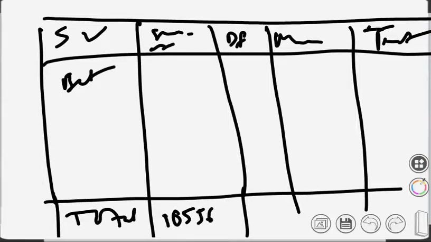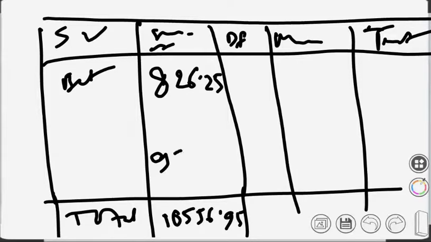So SSTR, what is the value? 826.25. What is SSE value? 9730.7. So if you add these two, you will get this. Check, you can check. তাই না?